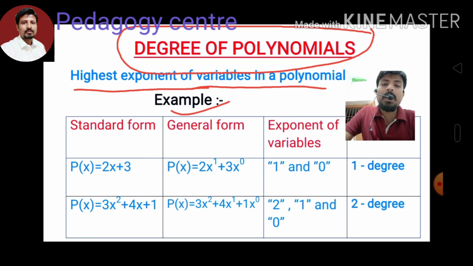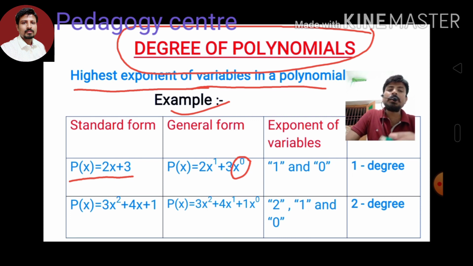If you have p of x equal to 2x plus 3, it is a standard form of polynomial. So the general form of it is p of x equal to 2 into x to the power 1 plus 3 into x to the power 0. Here x to the power 0 means 1, because any number or variable having exponent 0 gives value 1.